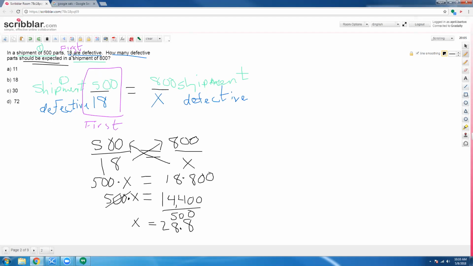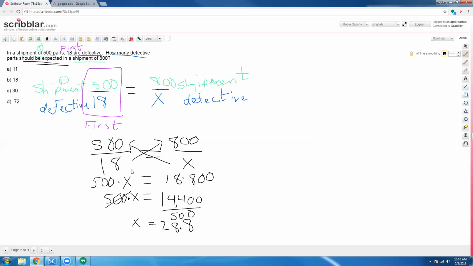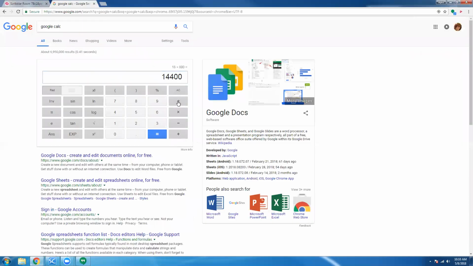So we put those two together, 500 over 18. How many defective parts should be expected in a shipment of 800? So we matched it up. So we set our proportion up correctly. Now I check, did I plug it into the calculator correctly? Super easy to mess that up. So 18 times 800, still 14,400, and divided by 500.